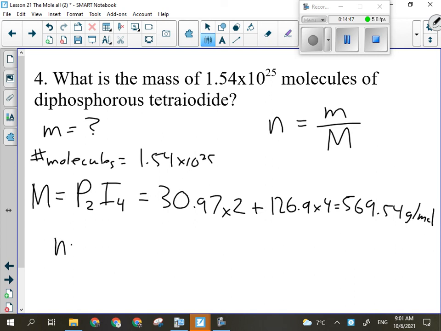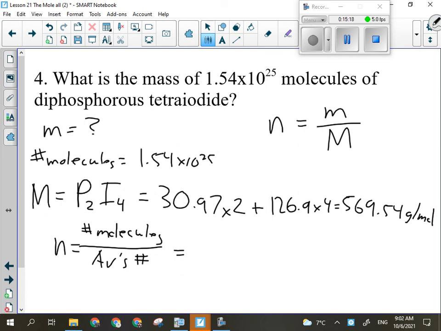The number of moles will be the number of molecules divided by Avogadro's number, okay? Because this is the number of molecules in 1 mole. It's like 12, okay? So I'm going to divide those two numbers to get the number of moles. Okay? That you won't find on your periodic table. You won't find it on your data sheet. That's just something we expect you to be able to figure out, or worst case scenario, memorize. Okay?